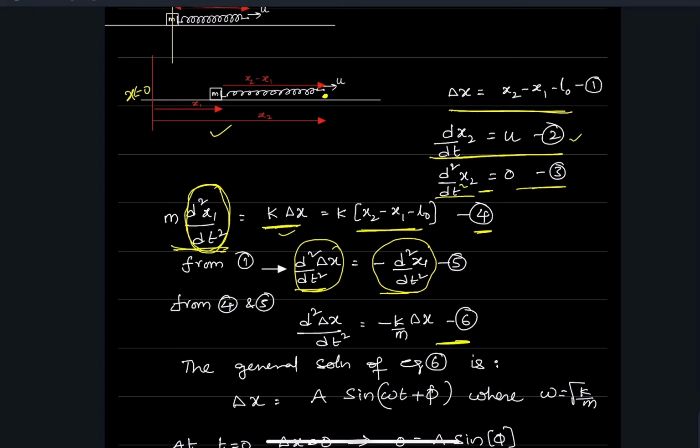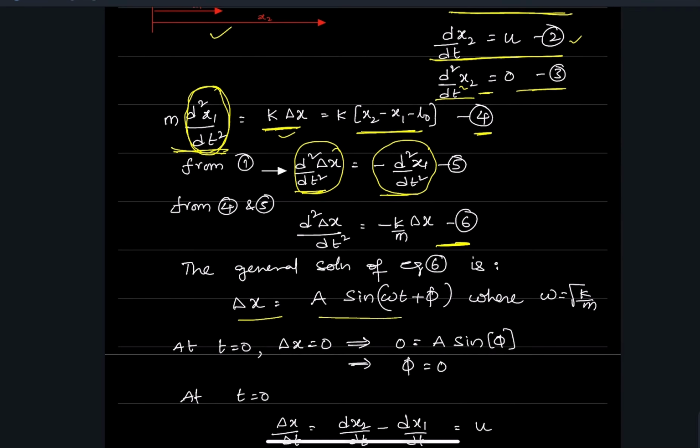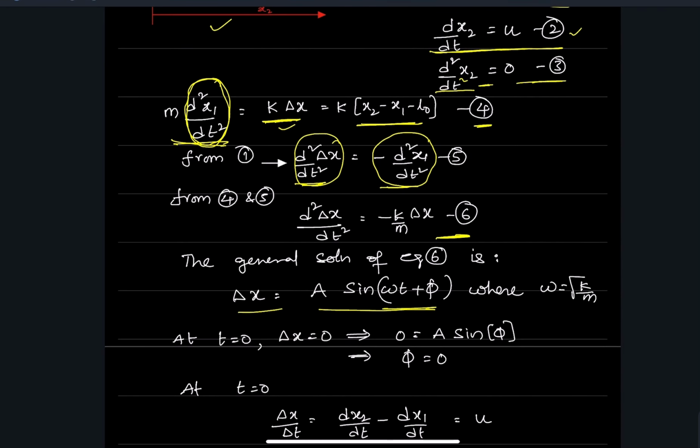And the general solution of equation 6, as you know, equations of this type are SHM, and the general solution is delta x equal to a sin(omega t plus phi), where omega is root k by m. Now let us find the phase constant phi and the constant a.